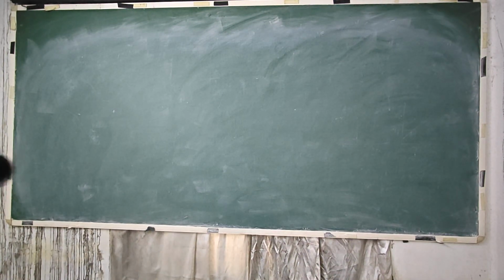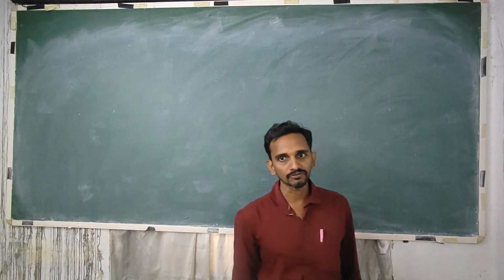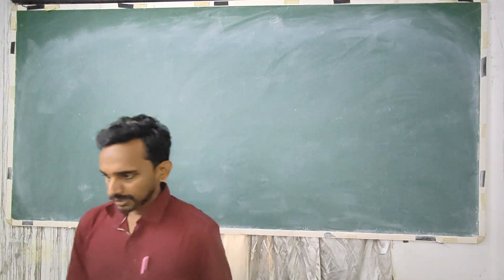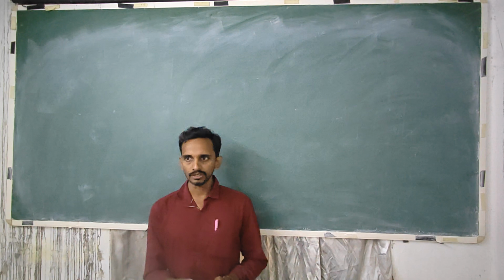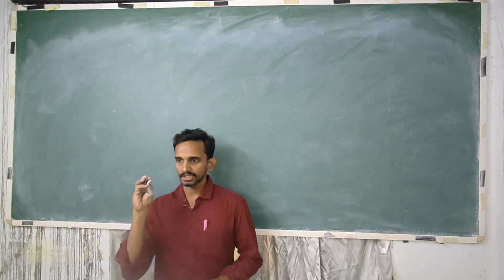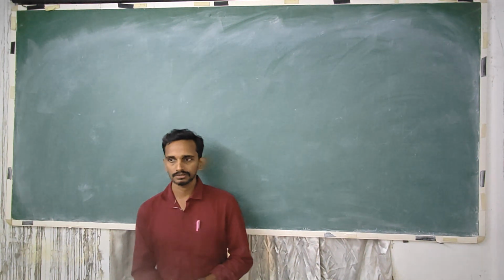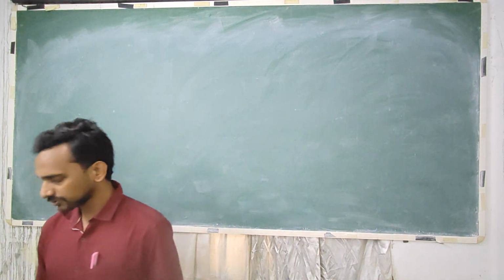So the first condition for this Taylor series expansion is the function must be differentiable. Even if the derivatives are 0 or any number, the derivatives must exist. Otherwise, you cannot expand the given function in a Taylor series. That is the first one.